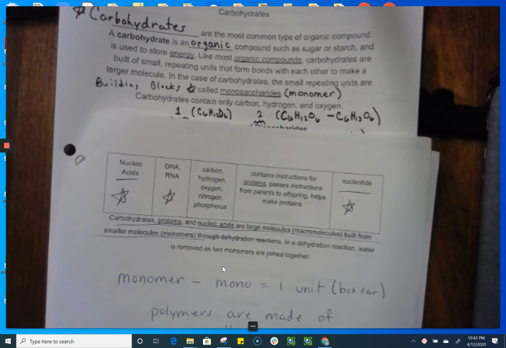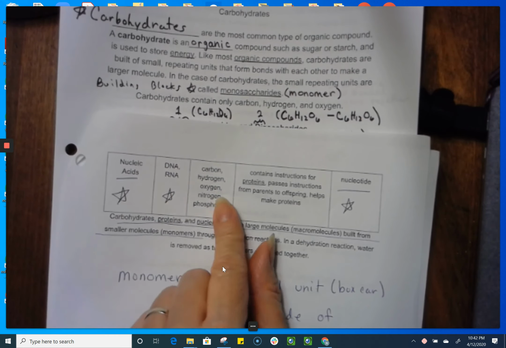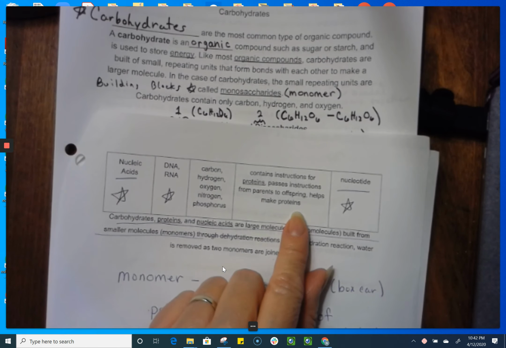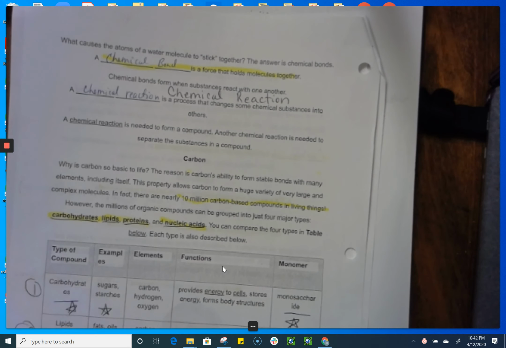The lipids don't have a specific building block. And then the nucleic acids, most of you have heard of your DNA, your genetic material, RNA, very similar type elements, helps to pass traits on from parent to offspring. And the building blocks, a nucleotide. So the nucleotides, the monosaccharides and amino acids are like building blocks.